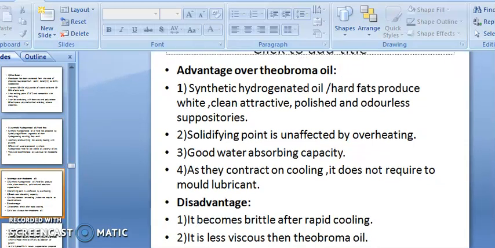Advantages over theobroma oil: synthetic hydrogenated oil or hard fat produces a white, clean, attractive, polished and odorless suppository in comparison with theobroma oil. Its solidifying point is unaffected by overheating.